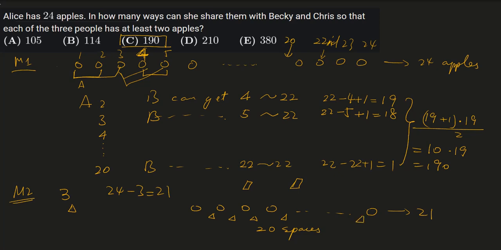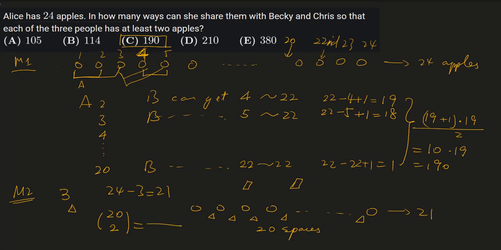Good. So we need to pick 2 spaces out of the 20 spaces to put these 2 small bars. And that is the way that we divide these 21 apples among these 3 people. And how many ways are there to do that? That is 20 choose 2, right?